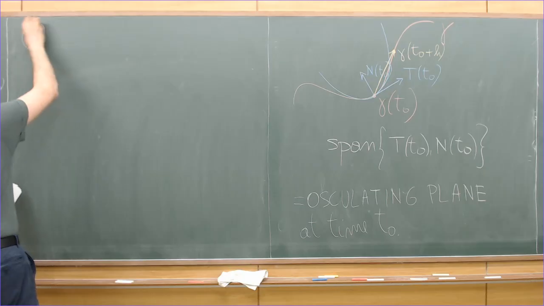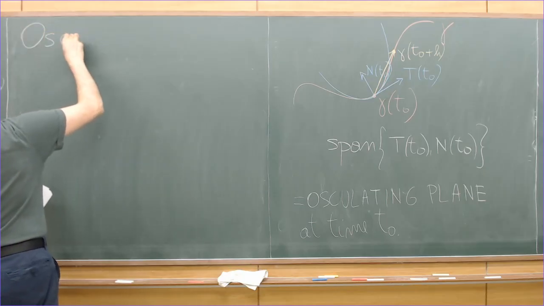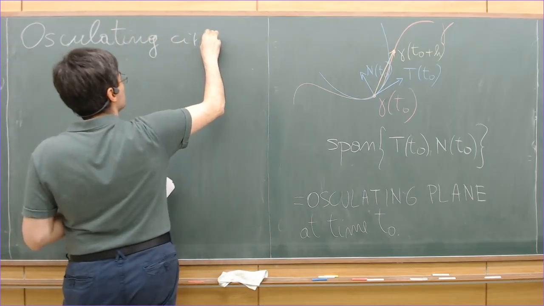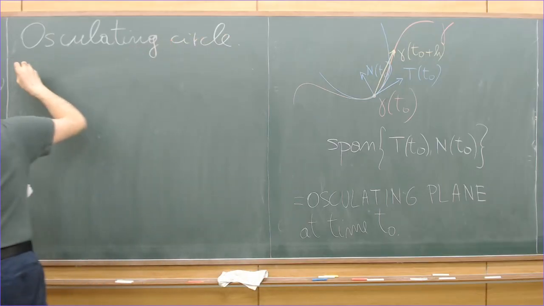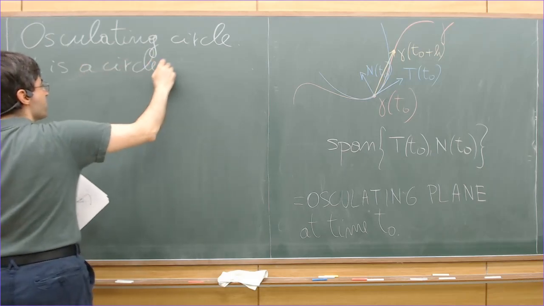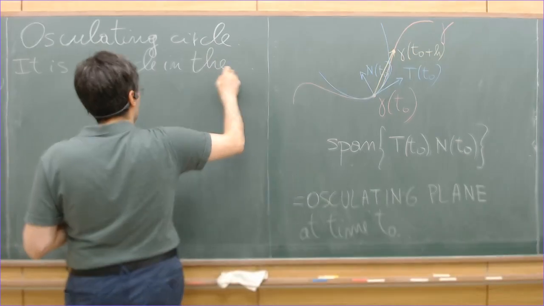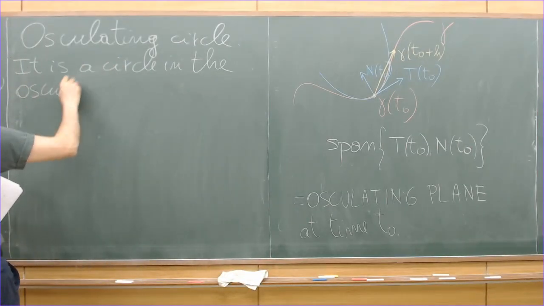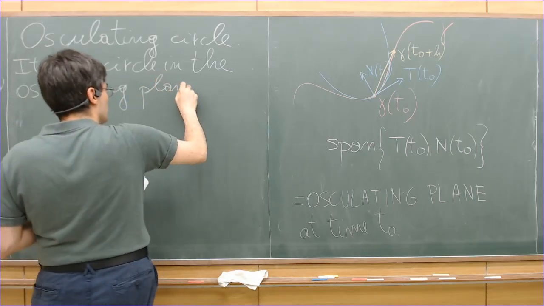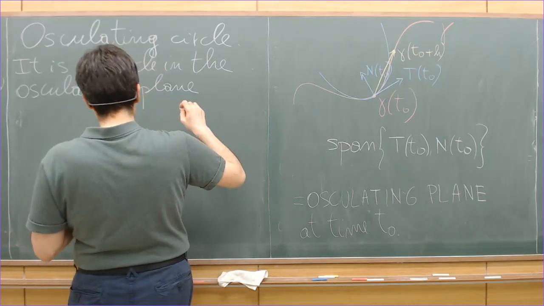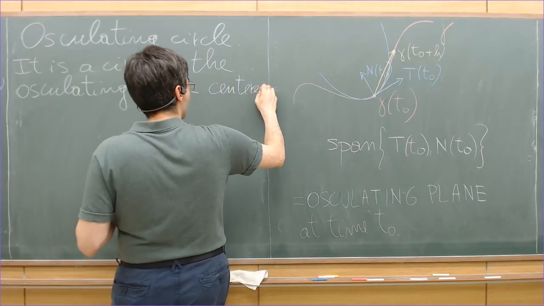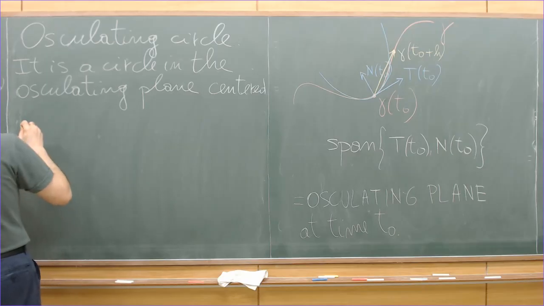So osculating circle. This is a circle in the osculating plane, centered at the origin.